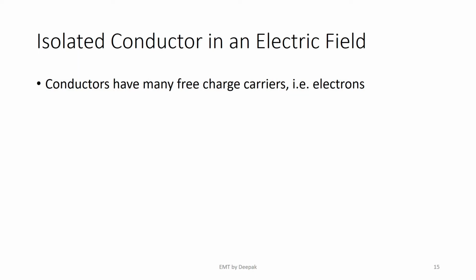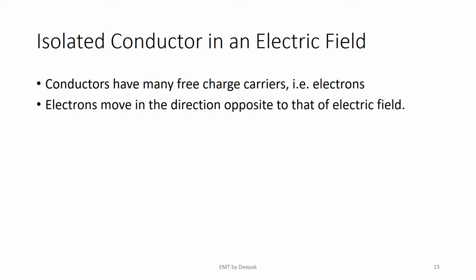Conductors have free charge carriers. They are electrons, as we know. Electrons move in the direction opposite to that of electric field. We also know that because electric field points towards the motion of unit positive charge. Electrons have opposite charge, hence the electrons move in the opposite direction as that of electric field.